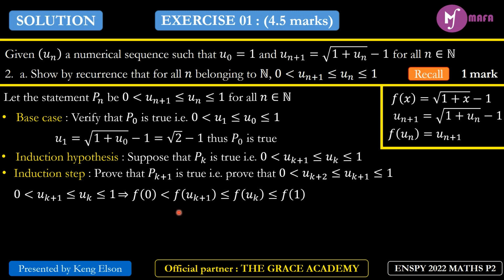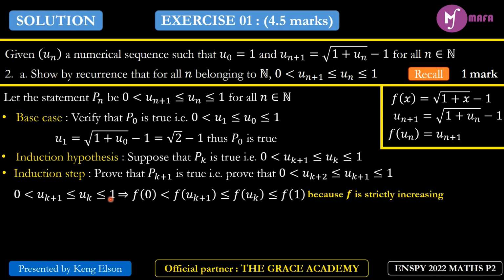Now when I take f all through, I'm going to have this, but this has to be justified because we said that the function f is increasing, right? That is why when you have this inequality, you can take f all through and the inequality signs are going to remain the same.